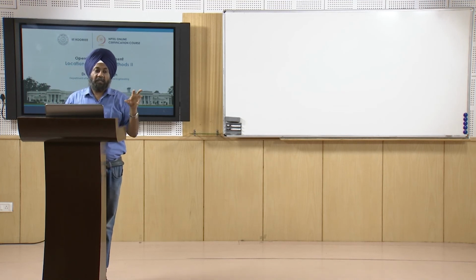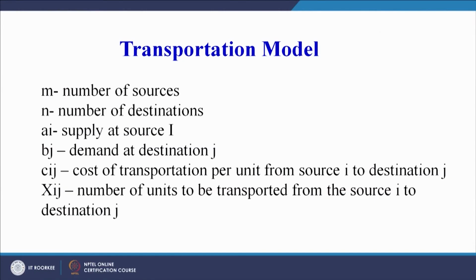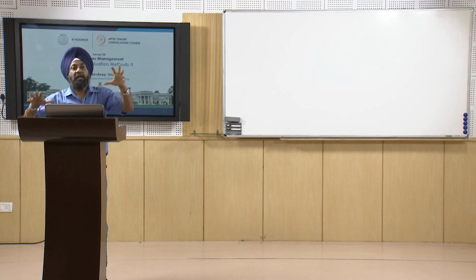We have Ai as the supply at source i, and Bj as the demand at destination j. Now, suppose j can go from 1 to 5, so we can have 5 destinations, and i goes from 1 to 4, so we can have 4 sources. So, we have 5 destinations and 4 sources as a specific transportation problem.